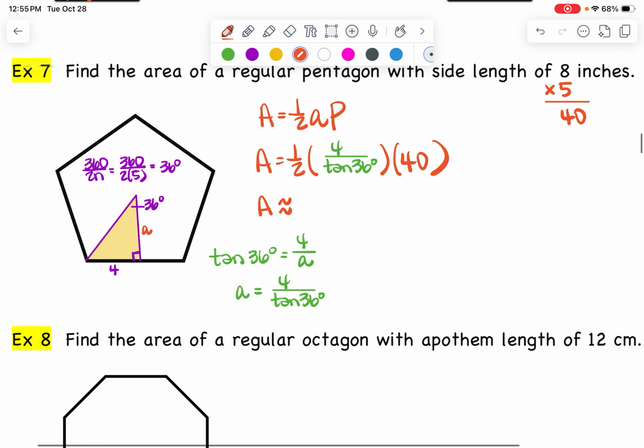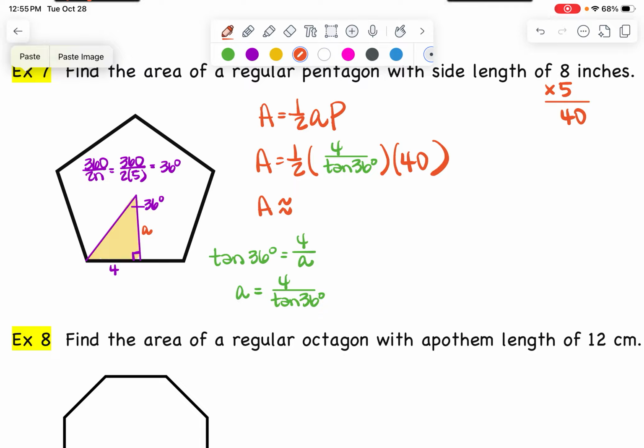So I'm going to go to alpha y equals and type in 1/2, or of course you can just type in 0.5, that's totally up to you. Then I'm going to kick out and put another fraction in there: 4 over tan 36. Be sure to close that parenthesis before you kick out, and then times the 40, or 40 over 1, technically.